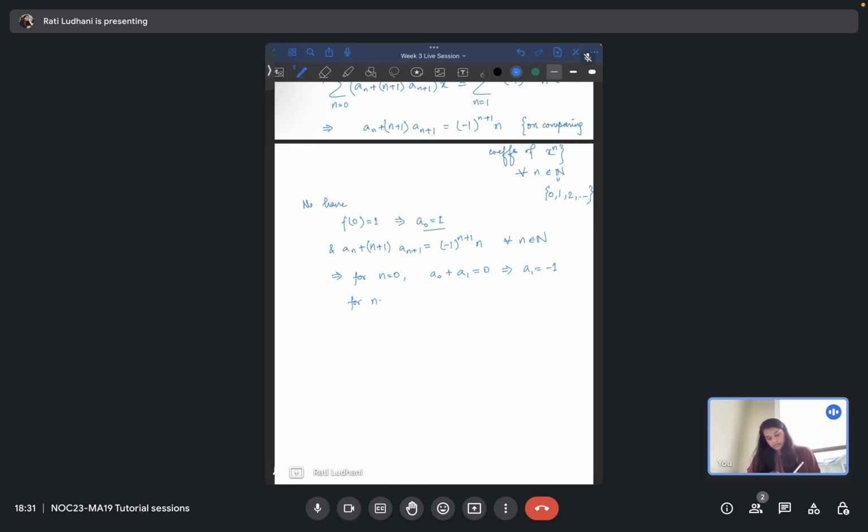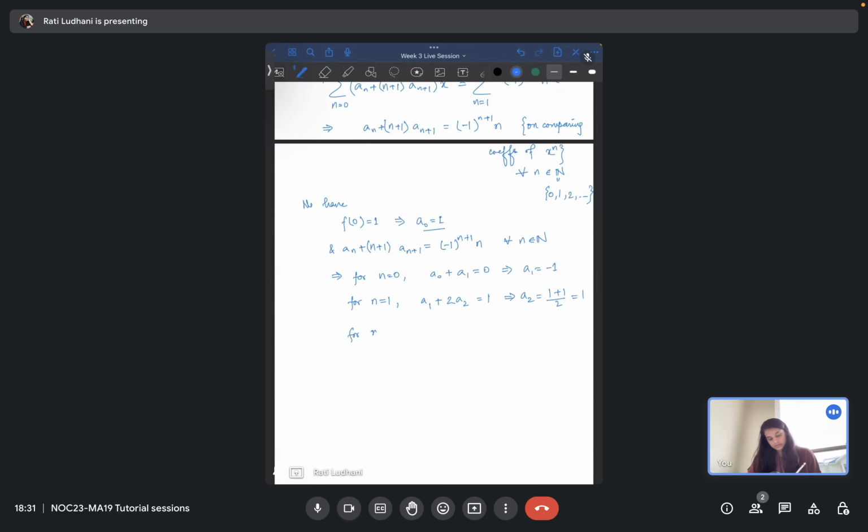Now for n = 1, we get a1 + 2a2 = (-1)^2, so this is just 1. This implies a2 = (1 + 1)/2, which is just 1.